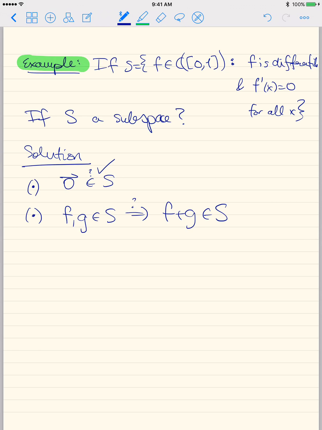So f and g are in S, and we want to check that that implies that f plus g is in S. So what does it mean that f and g are in S? Okay, we don't have to go there. That's right, though. But just from the definition, what does it mean? It means the derivative is 0.